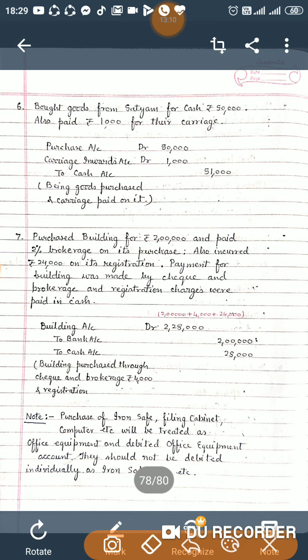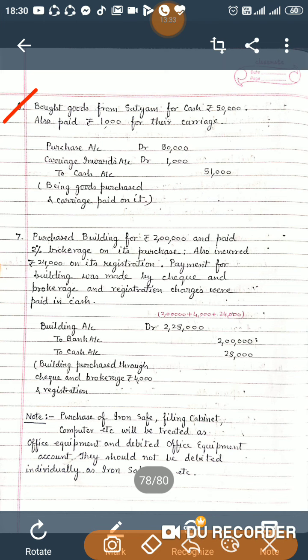Now next example I am taking: bought goods from Satyam for rupees 50,000 cash, also paid rupees 1,000 for their carriage. So in this transaction, we are purchasing goods from Satyam for cash. It is a cash transaction because cash is mentioned.